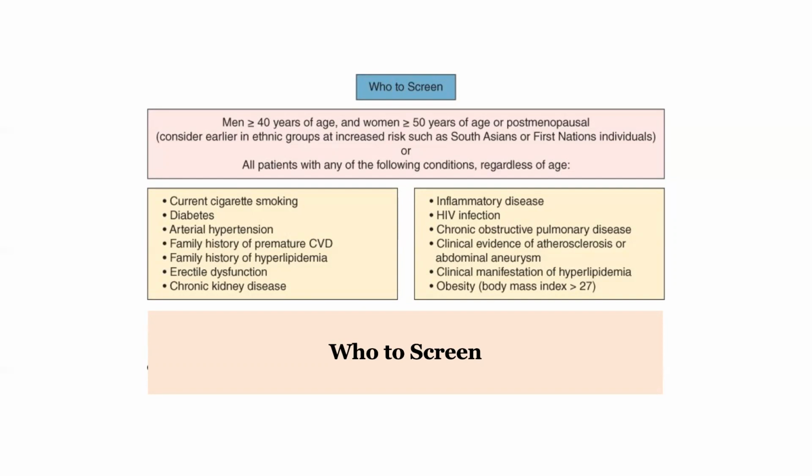Or all the patients with any of the following conditions, regardless of age: if a person is a current cigarette smoker, has diabetes, has arterial hypertension, family history of premature cardiovascular diseases, primary history of hyperlipidemia, erectile dysfunction, chronic kidney disease, inflammatory disease, HIV infection, chronic obstructive pulmonary disease, which is abbreviated as COPD, clinical evidence of atherosclerosis or abdominal aneurysm, clinical manifestation of hyperlipidemia, obesity, a person who has a body mass index more than 27. So for any of these conditions, people have to be screened for the lipid profile.